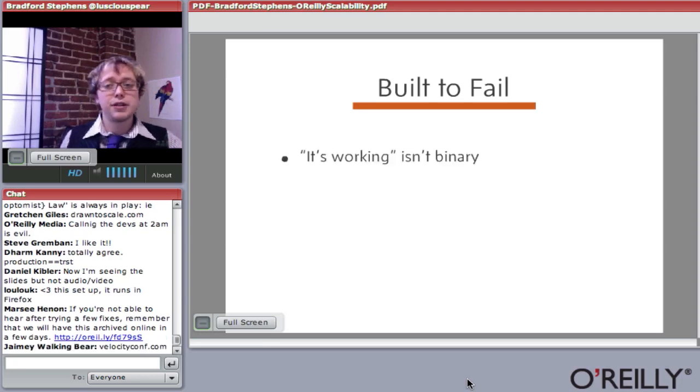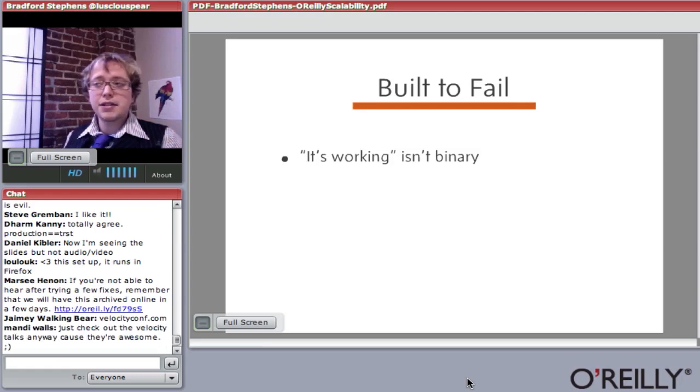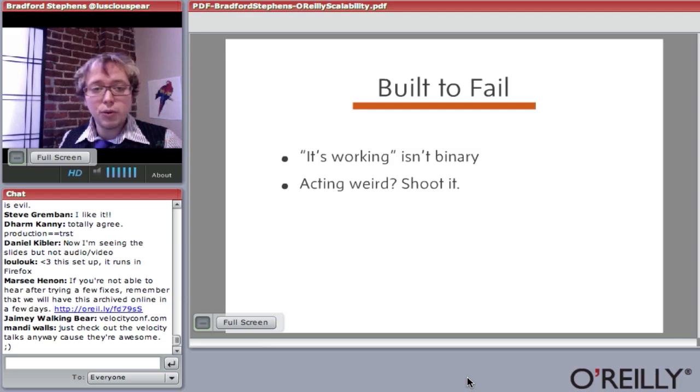Another really powerful thing is that you should really build these architectures to fail. One thing you may have noticed, back when we were all running smaller websites or smaller applications, is that something kind of worked or it didn't. In other words, the site was up or it wasn't. People were getting their requests or they weren't.